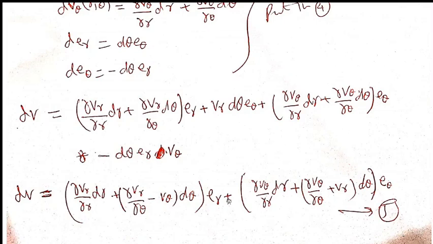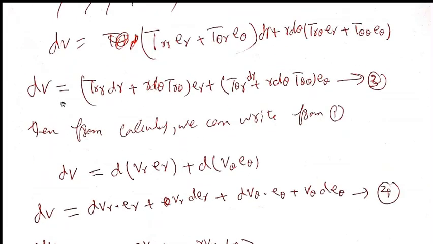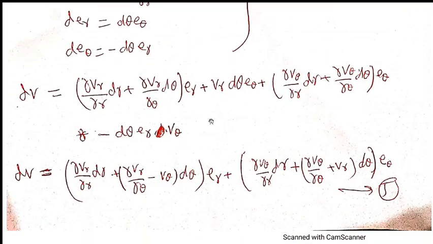When we compare coefficients of Er and E theta, we have this equal to this. After that we can see that here we have dr, it will be compared with this dr.